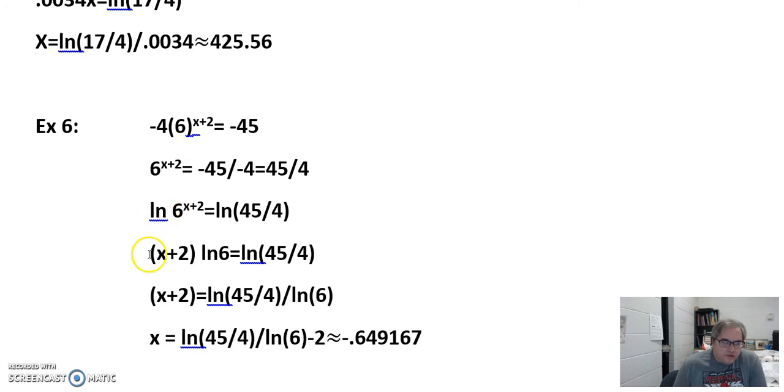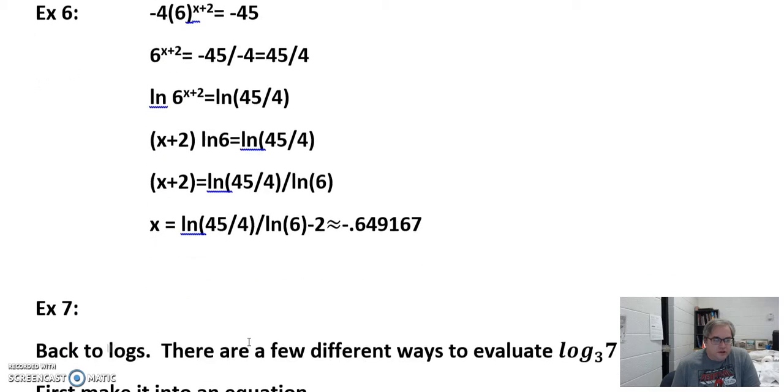That allows me to move the exponent down, but the exponent this time is a little more complicated, so I'm putting it in parentheses. My goal is to get x by itself, so I'm going to divide by ln 6. And then to get the x completely by itself, I have to subtract the 2. So again, pause it, check these steps out, make sure you believe them, grab your calculator, throw it in there until you get that, then continue on.